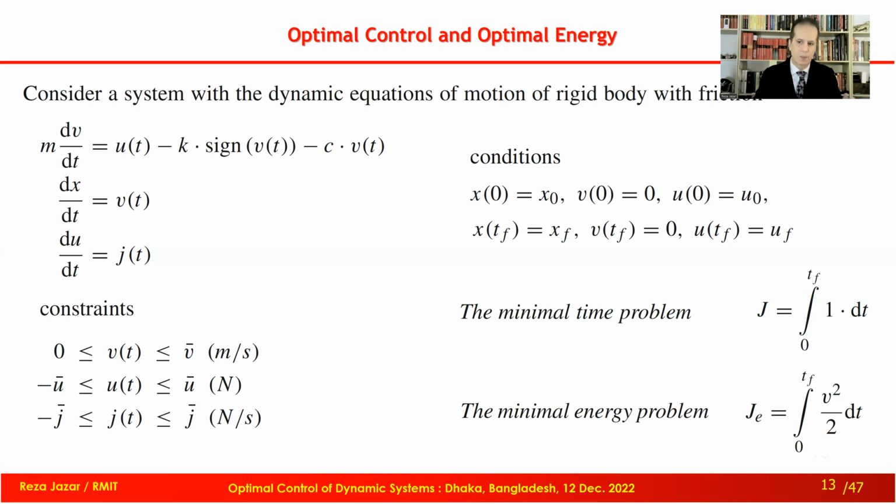Here on the left bottom, you see the constraint that we apply. Usually u, look at u, which is input. U has a limit between minus u hat, and on the right hand side is u hat. So here we assume that the maximum and minimum force, the absolute values, are equal, and force can vary between these two. On the right column, you see conditions.